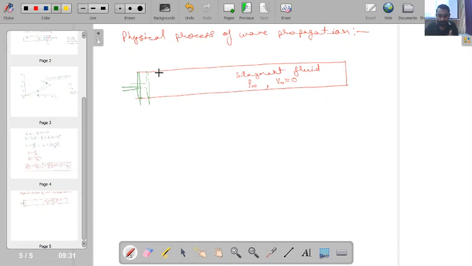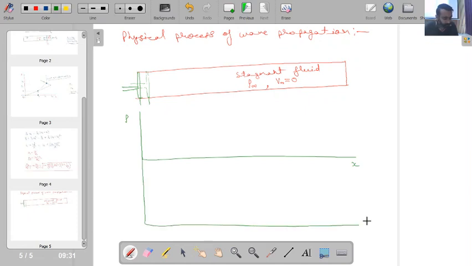So ultimately we will be able to see that if this is my density versus x, then at some time t1 my density plot is something like this.